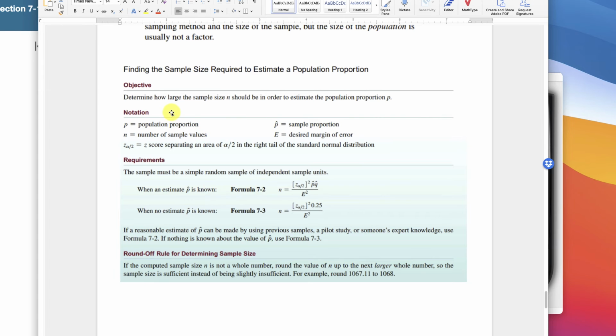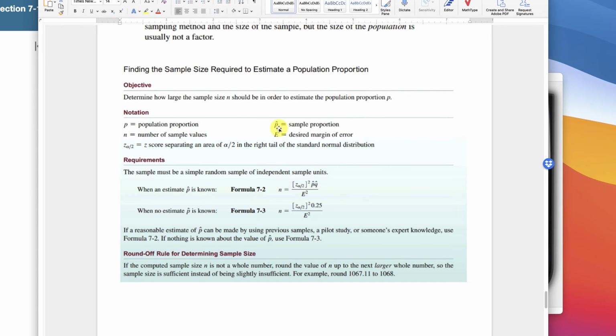Okay? Finding a sample size required to estimate a population. So we want to now find the size we need in order to estimate a population. Because how do we know whether we're taking 1,000, 900, or 40? How many do we need? Here are all of our characters.